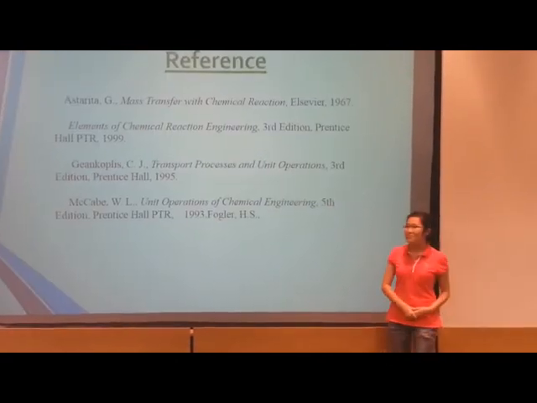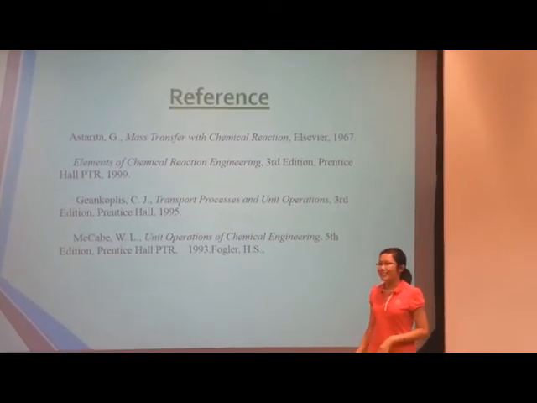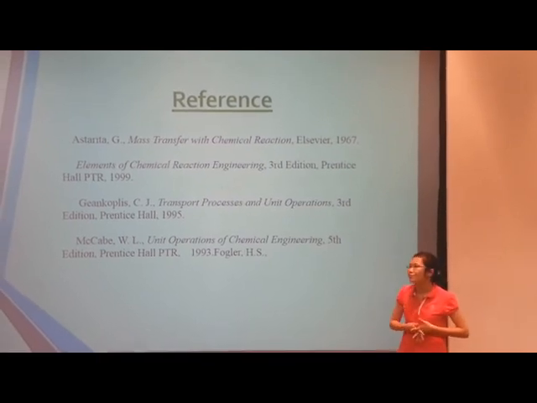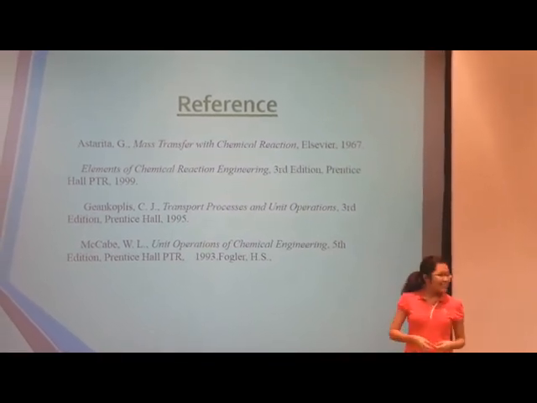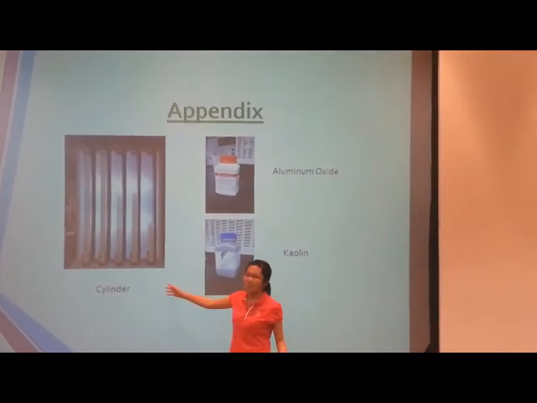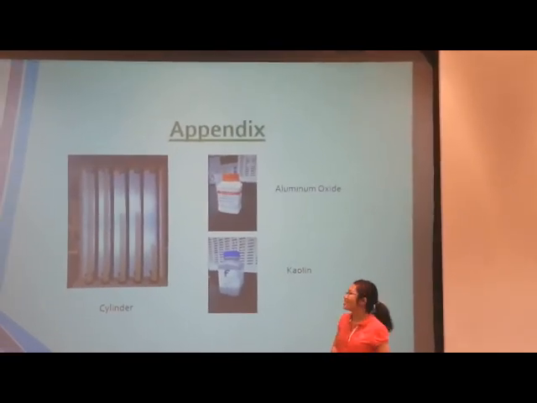Next. Okay, this is the reference that you refer to when doing the whole report. Next. Here is the cylinder that we use to observe the sedimentation during the experiment.